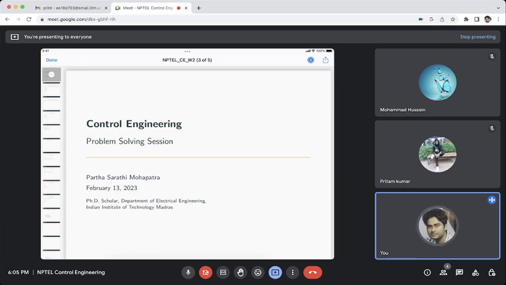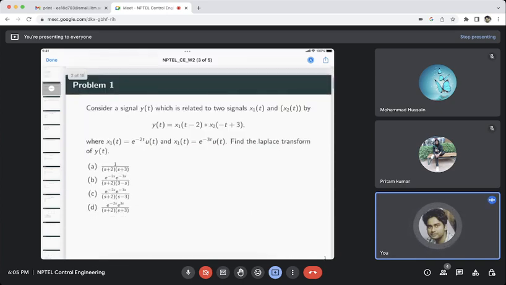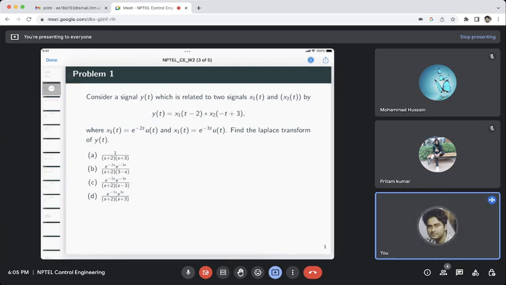Okay, so we'll start solving the problems. We'll solve some basic problems on Laplace transform. In problem 1, you can see that y(t) is the convolution of two signals x1 and x2 that are shifted by some terms: x1 is shifted by -2 and x2 by +3, and this signal is time reversed. The expressions for x1 and x2 are given below.